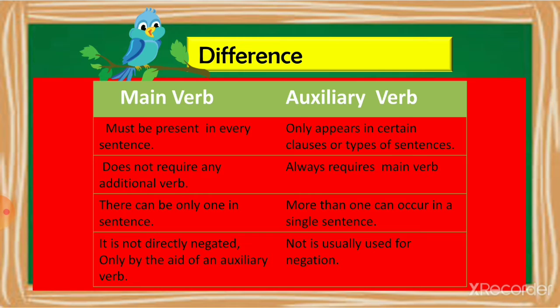There can be only one main verb in a sentence. More than one auxiliary verb may occur in a single sentence. A main verb is not directly negated; it is negated only by the aid of an auxiliary verb, right? So we do not directly negate a main verb, but we do it with the help of an auxiliary verb. Not is usually used for negation, right? So this is the difference between main verb and auxiliary verb.